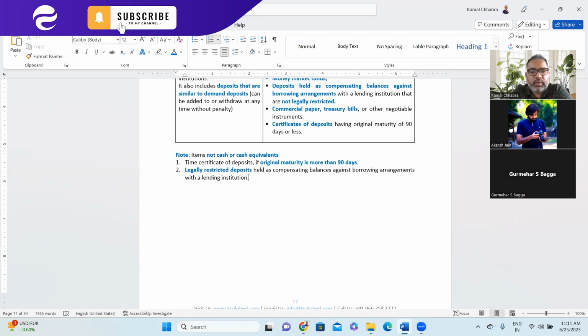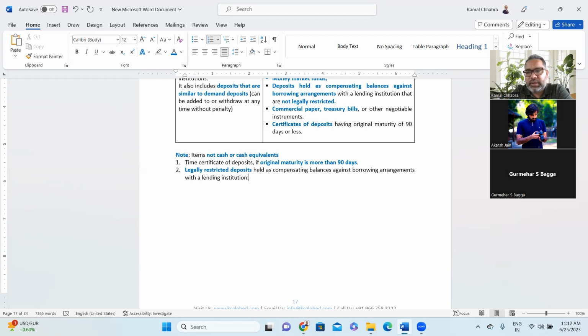So the court has requested you to deposit, let's say, $100,000 as a security deposit or bond deposit for a particular legal case. Or second could be, you applied for a tender and you deposit an earnest money deposit that you cannot withdraw until the tender is completed, right? So all those things come under a legally restricted deposit.